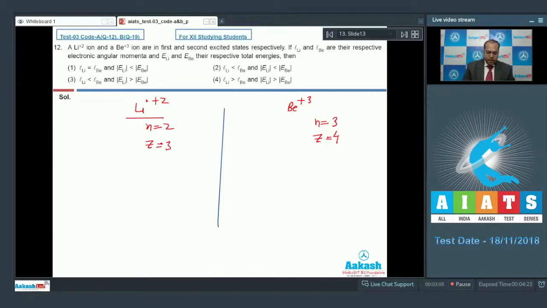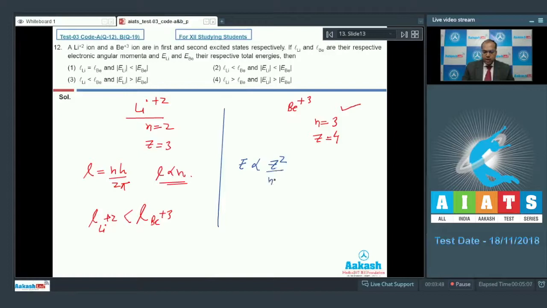If I take the angular momentum L, that is equal to NH upon 2 pi. So L is proportional to N. The N of Be plus 3 is more, so the angular momentum of Be plus 3 is greater than the angular momentum of Li plus 2. If I consider the total energy, then total energy is proportional to Z square by N square if I consider their magnitude.